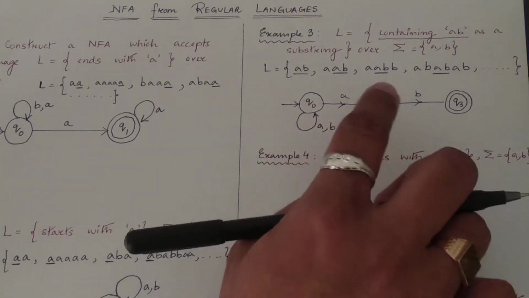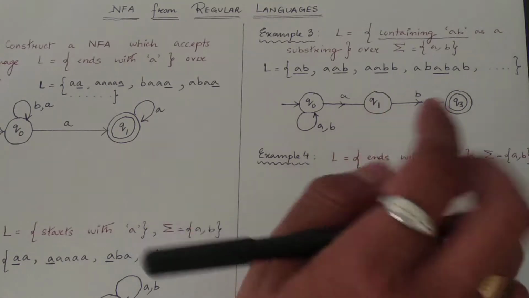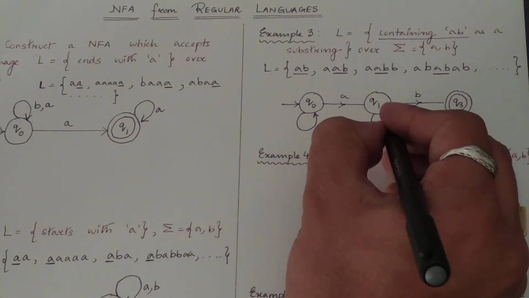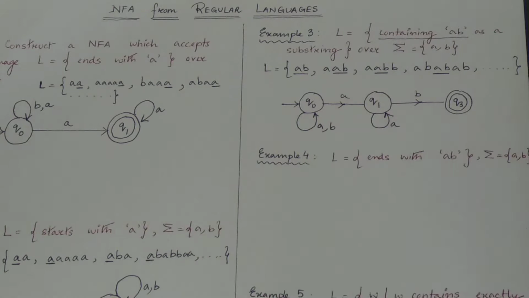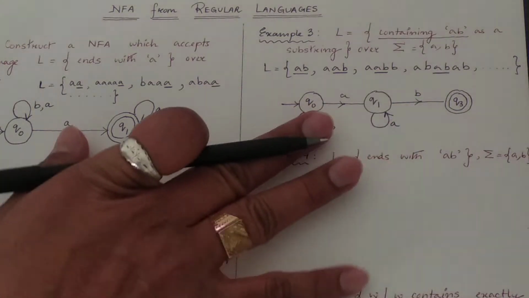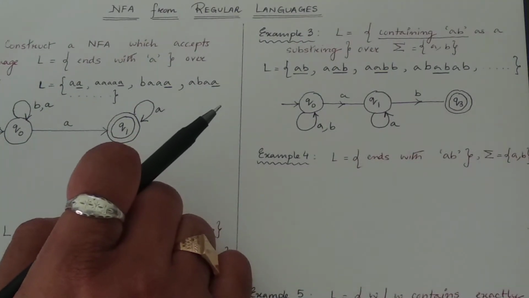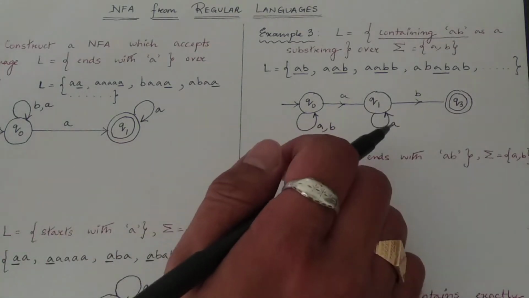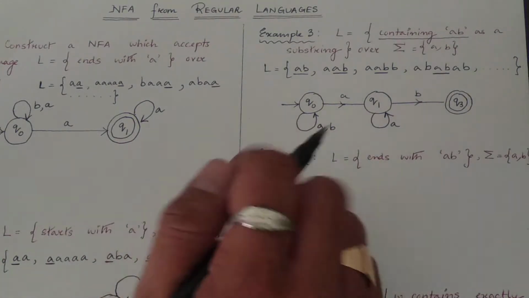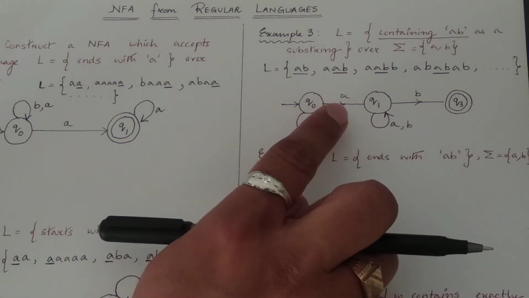Then in state Q1 there is a restriction. I can take a self loop for A, no issue about that. But if I ignore this self loop, then the string A is also correct, no issue about it. Suppose I take a B transition over here, then one more string will also be accepted.